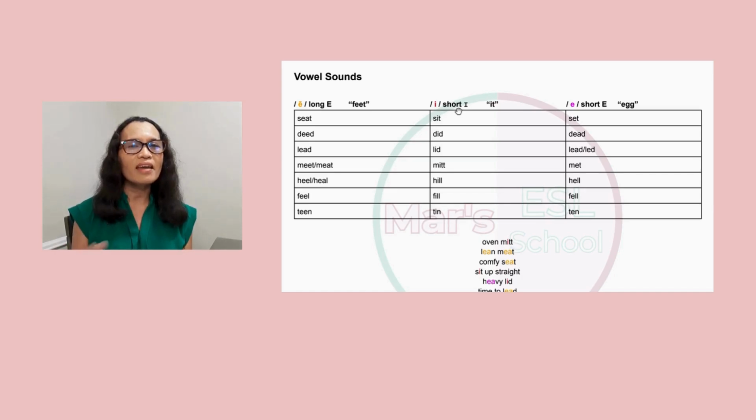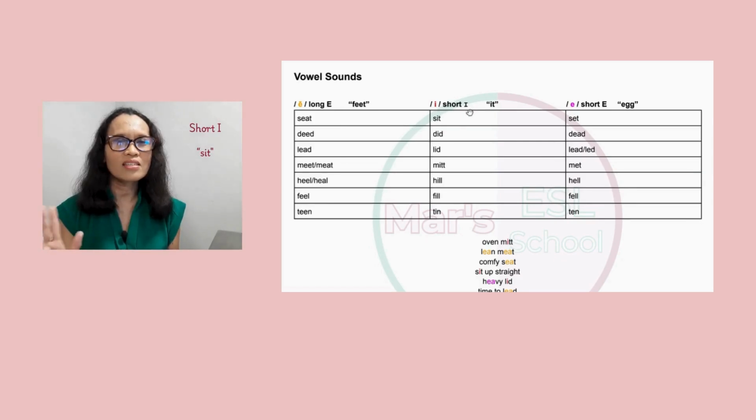A common mistake that non-native speakers make when making the short I sound is using the long E sound like in seat and making it shorter. So from seat to sit, but that's not accurate. The short I sound is a different sound from the long E sound. It's not a shorter version of the long E sound.